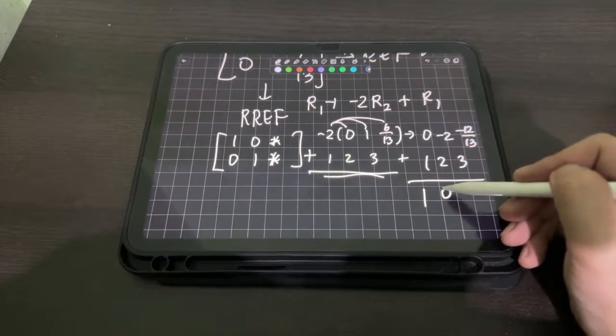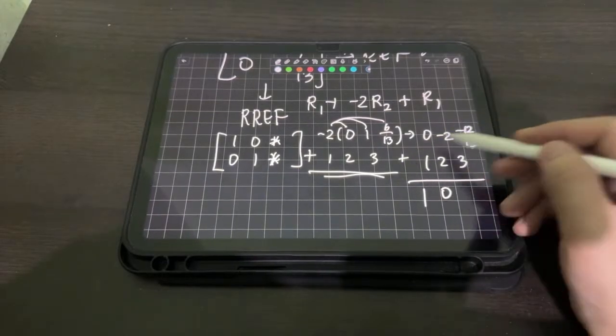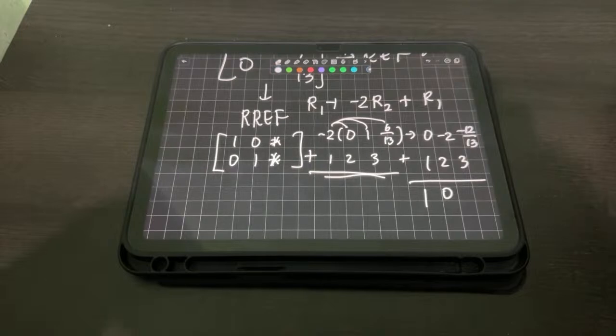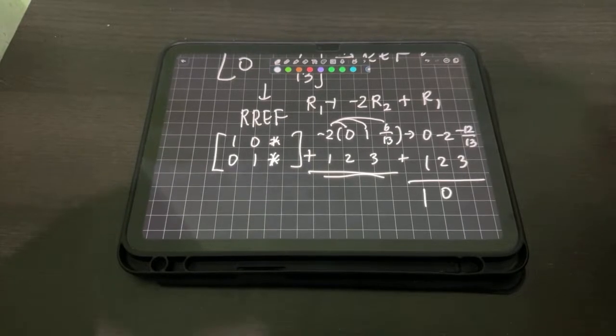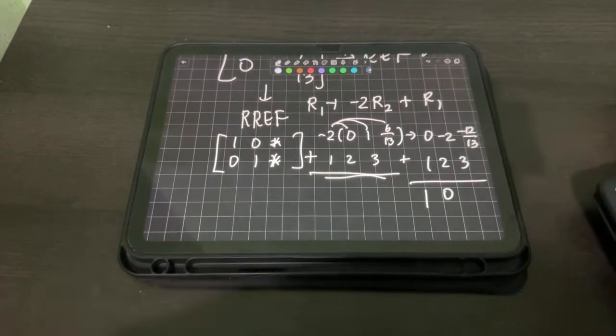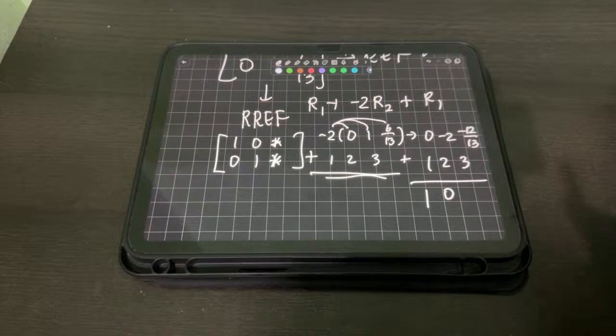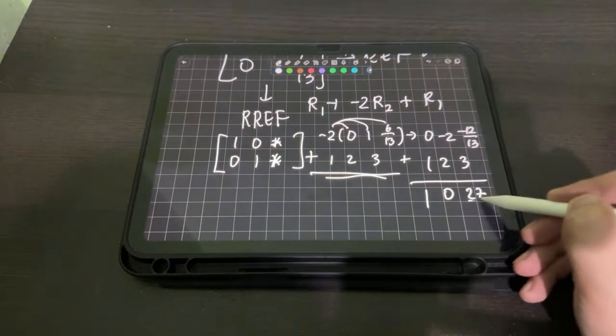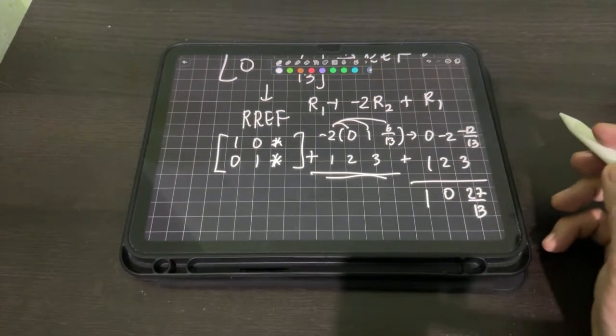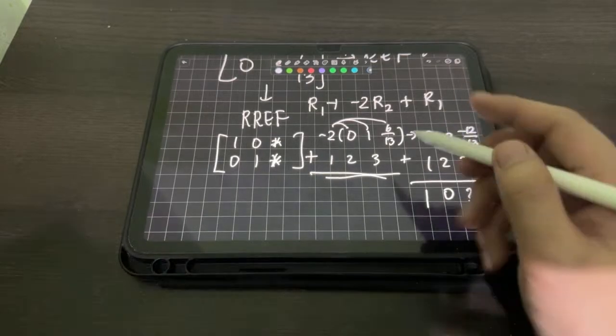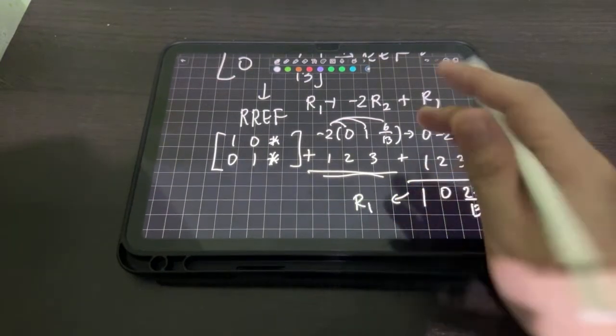Negative 2 plus 2, 0. Then negative 12 over 13 plus 3, that's 27 over 13. So this will be the new entries in row 1.